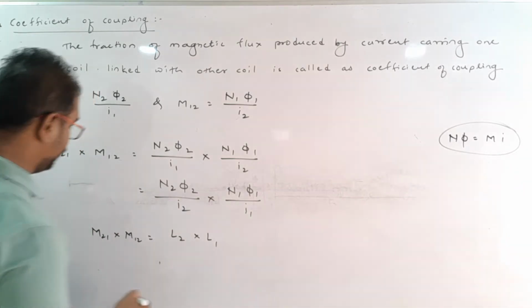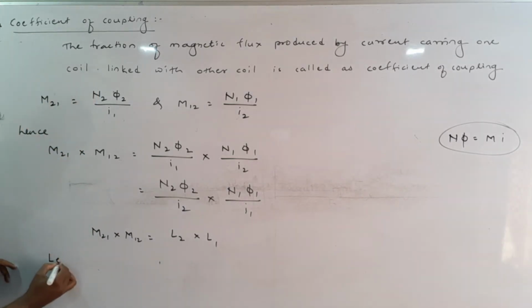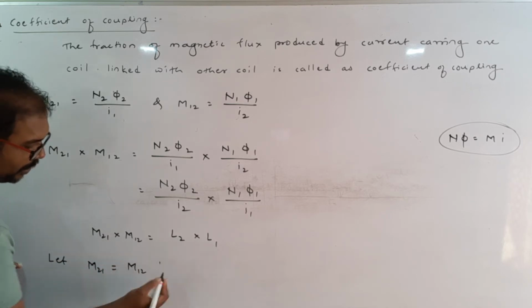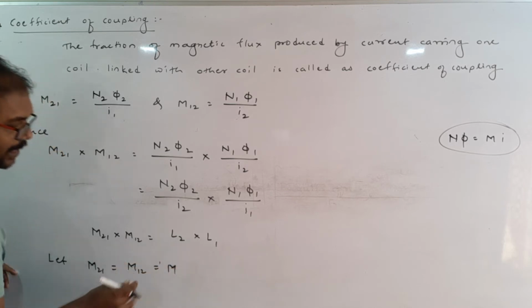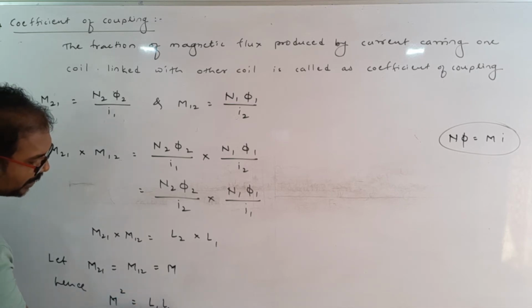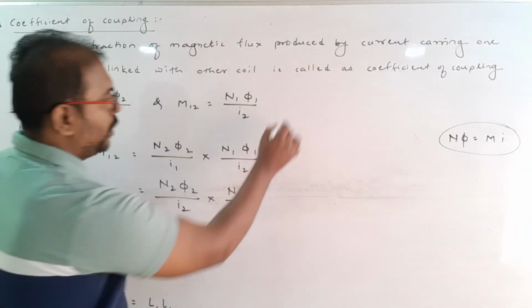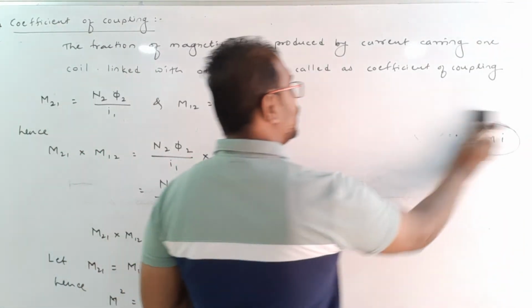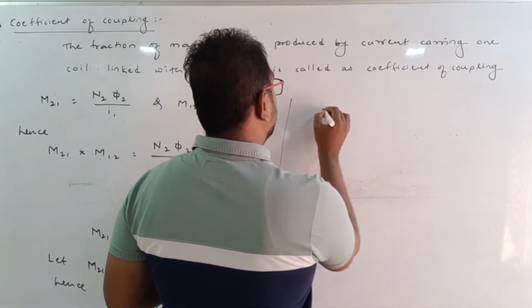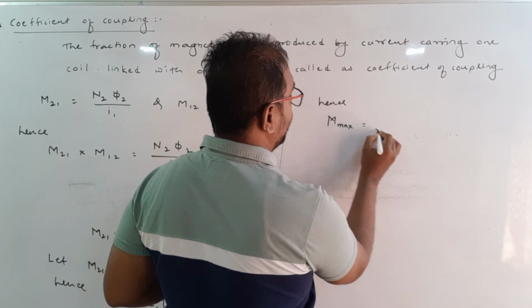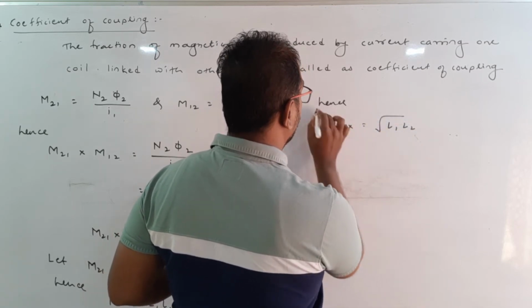Now we consider here that M21 and M12 are equal, so each is equal to M. Hence M into M, M square, is equal to L1 multiplied by L2. So here we get M square equal to L1 multiplied by L2. Hence M max is equal to root L1 L2.